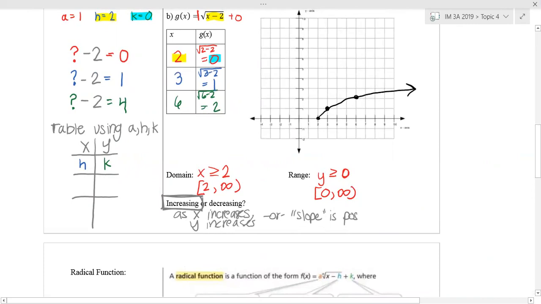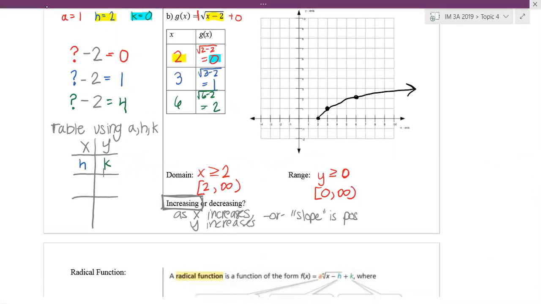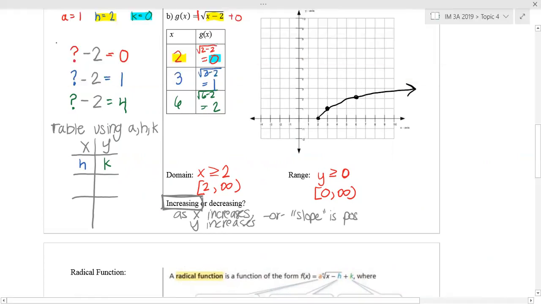In addition, you can notice that our original values that we used if we're graphing the parent function were the numbers 0, 1, and 4. And so what I'm technically doing for the first one is adding 0 plus H, and that gives me the value.